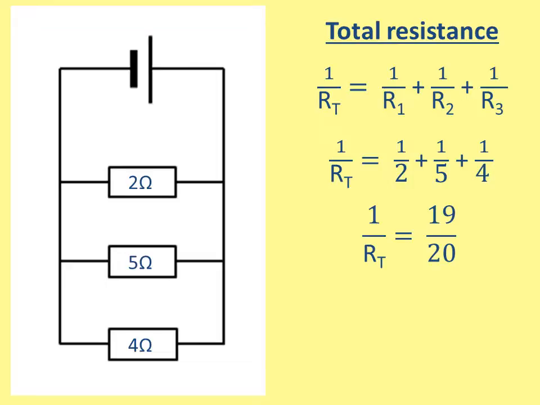If you have 2 fractions on each side of the equal sign, you could flip both of them upside down. So therefore, the total resistance is equal to 20 over 19. If you wanted to put a number on that, the total resistance is equal to 1.05 ohms.